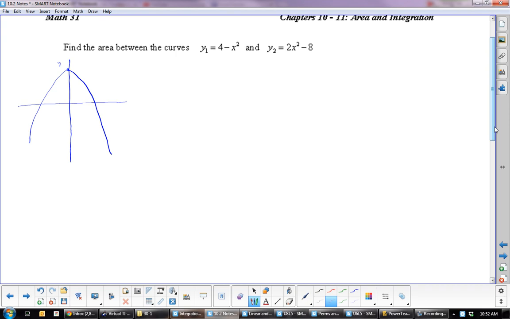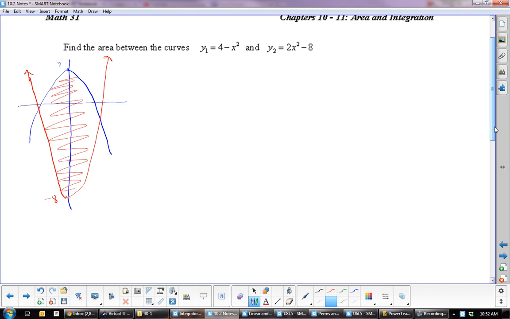Okay, and then we've got 2x squared minus 8. So it's down here with a y-intercept of minus 8. And it's doing something like this. And this is going to be the answer.